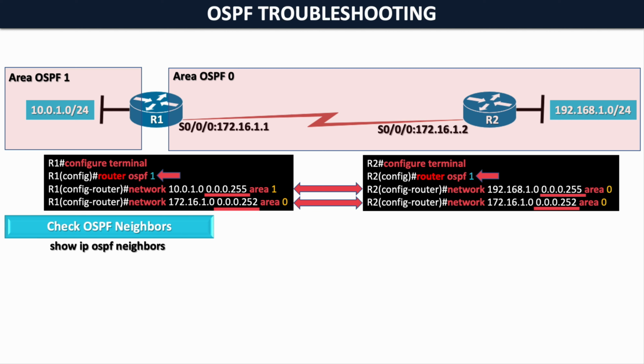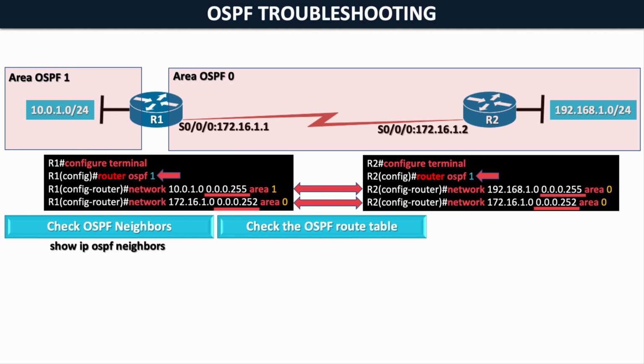If there is no adjacency between 2 routers, then they will not be able to exchange routes. In this case, it is necessary to verify that the interfaces are operational and enabled for OSPF. And if they are, then we should see if they are configured in the same OSPF area and that they are not configured as passive interfaces.